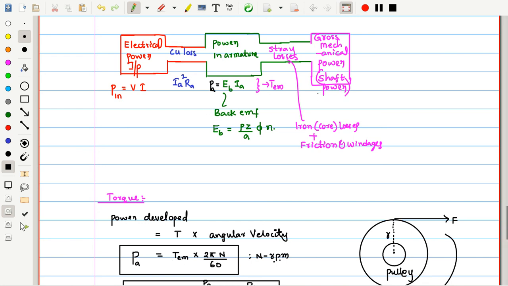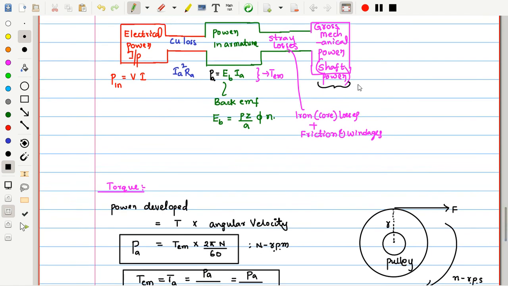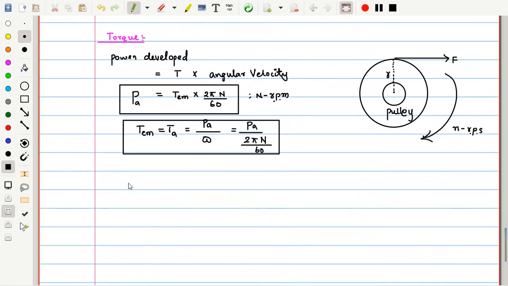But if I use the shaft power, then the torque I'll get is the gross torque or the shaft torque, TSH. So this I'll call as P mech, mechanical power. Now let me write this: P mech, same principle. The power is equal to torque into speed.